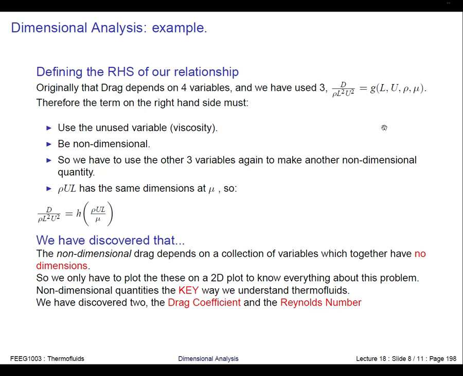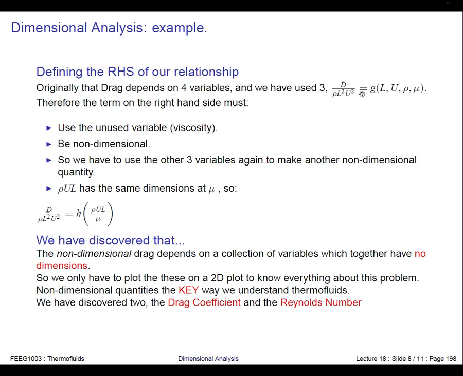And so effectively what I've got to do is make my right-hand side non-dimensional. So what I did was I took some L's and some U's and some rhos, and I used that to make the right-hand side non-dimensional.